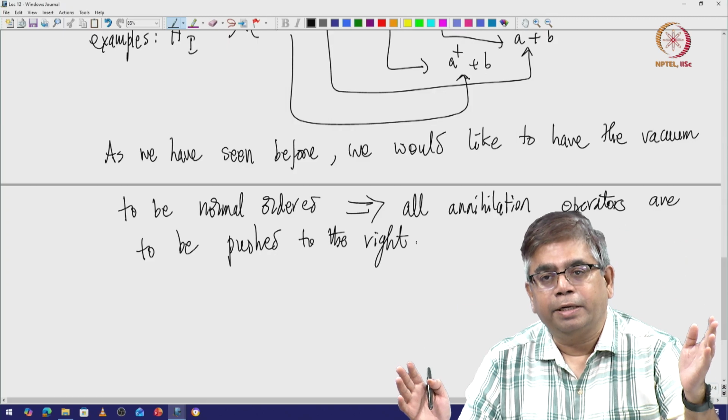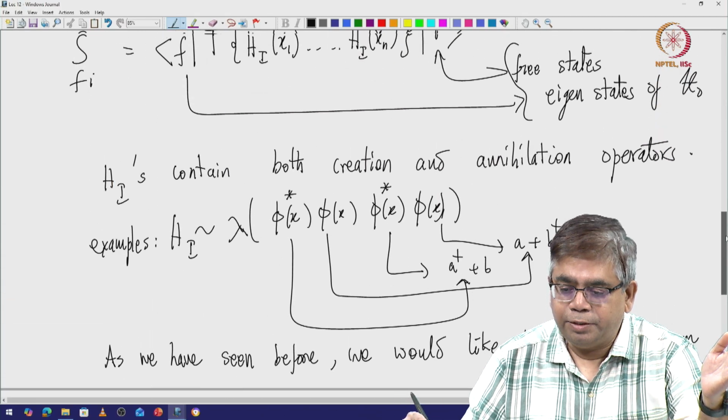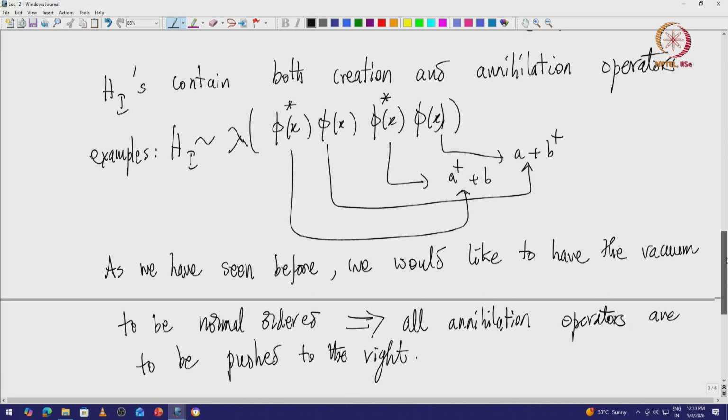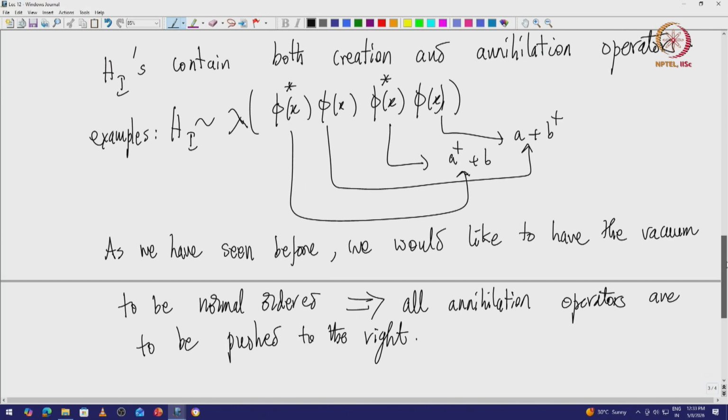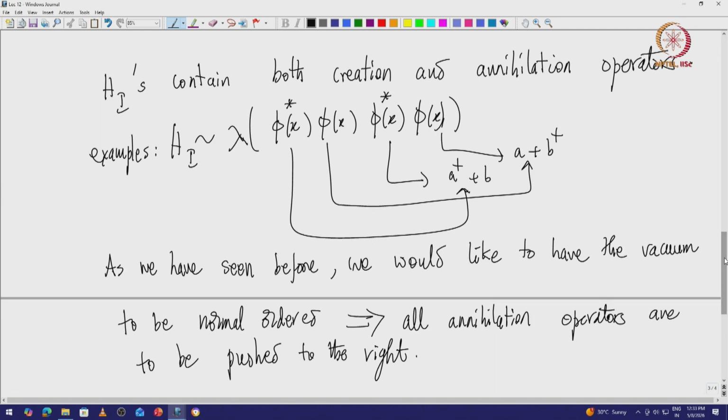So this is the basic idea. Now here we have an issue. We know that if you interpret this entire thing in terms of a and b dagger operators, in terms of these harmonic oscillators, you will need to do normal ordering, so that you have a vacuum which is well defined.